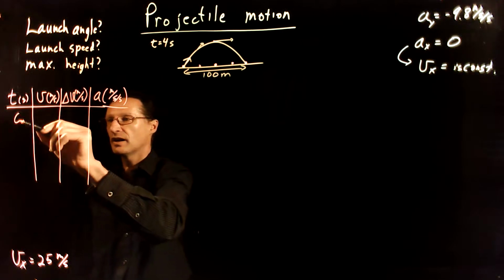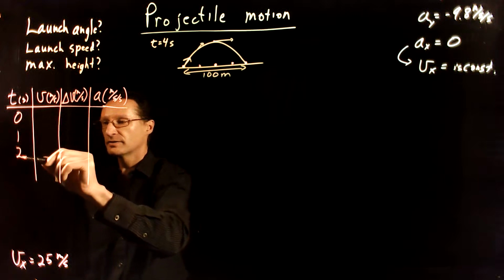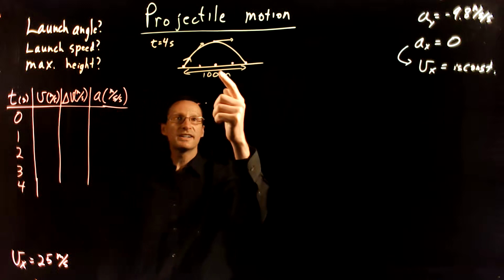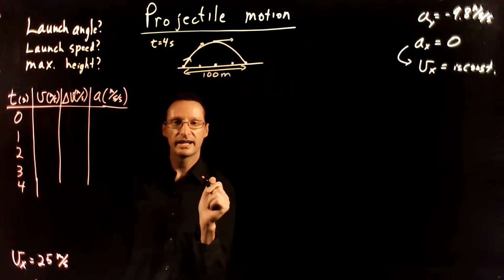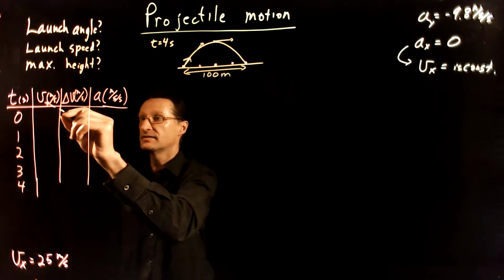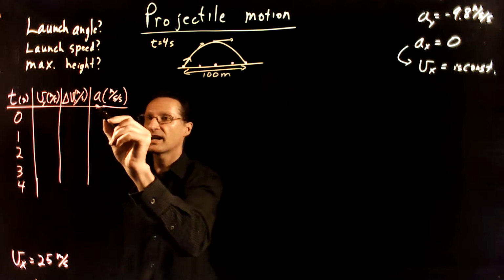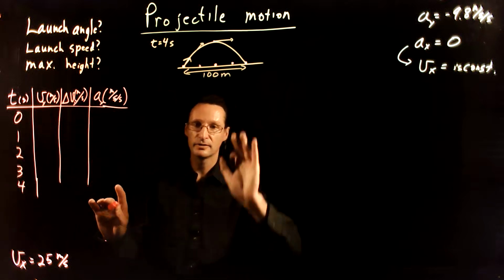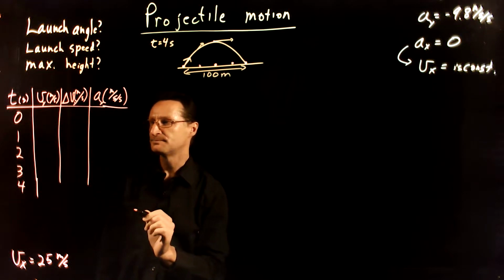And we want to do this all the way from 0 to 4 seconds. Okay? This is the y component of the velocity and the y component of the acceleration, so we're only thinking about the vertical motion here.